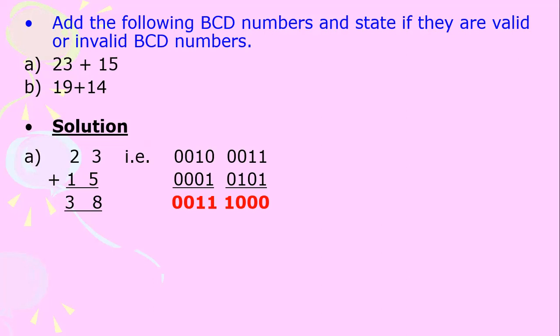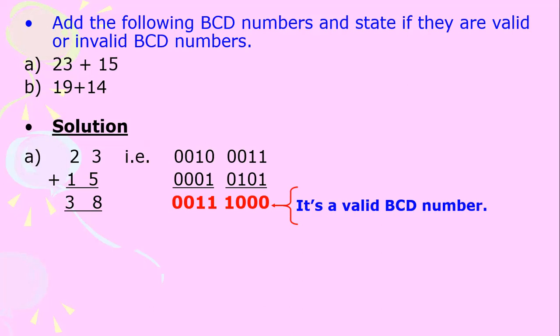My dear students and the rest of the learners, if you look at 0, 0, 1, 1, that is binary 1, 1, which equals 3 in decimal. What about 1, 0, 0, 0, is it binary equivalent to 8? If yes, then what you have gotten is a valid BCD result.